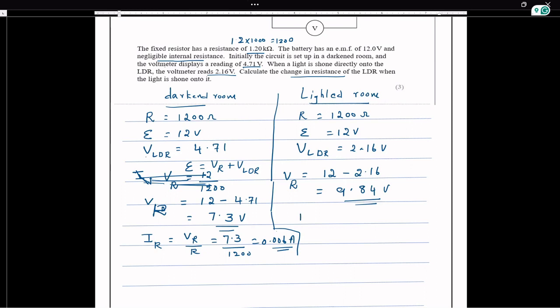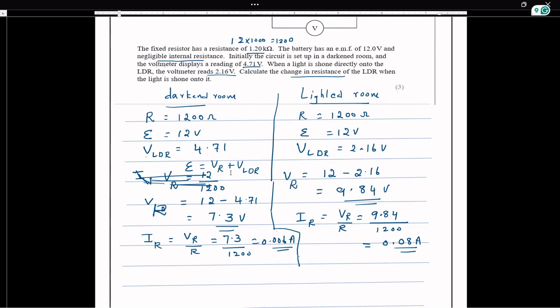Similarly, here the voltage of the resistor over its resistance, that is 9.84 over 1200, gives an answer of 0.08 amps. This is the current through the resistor.